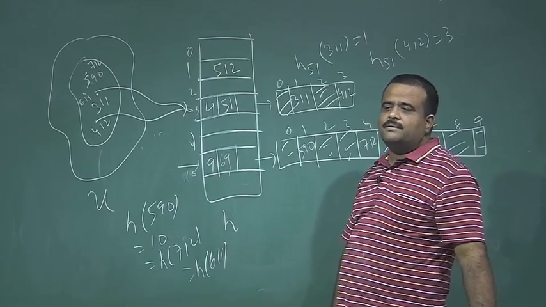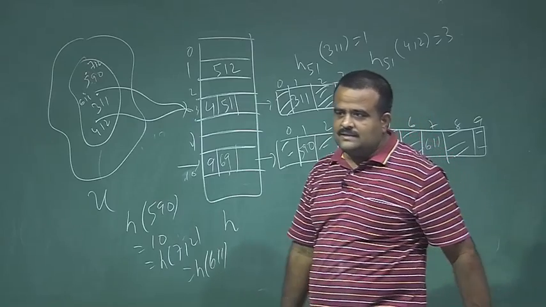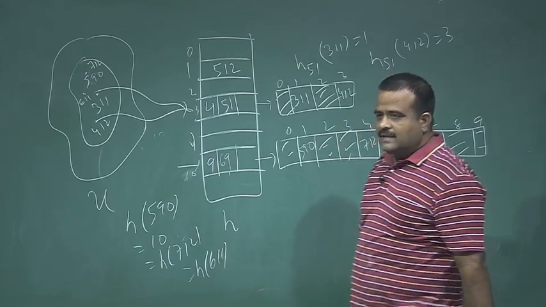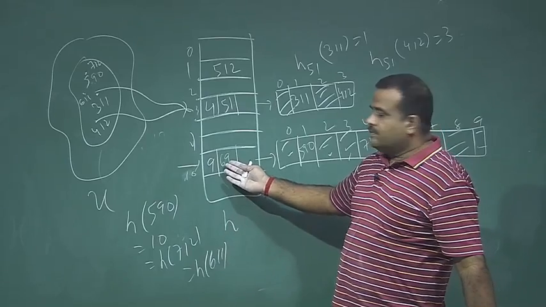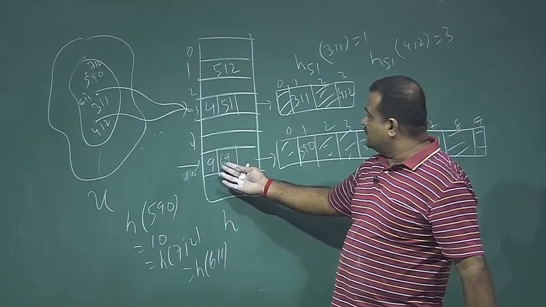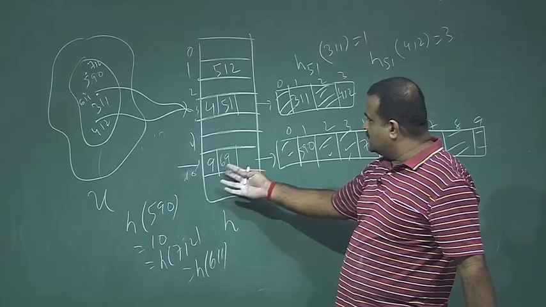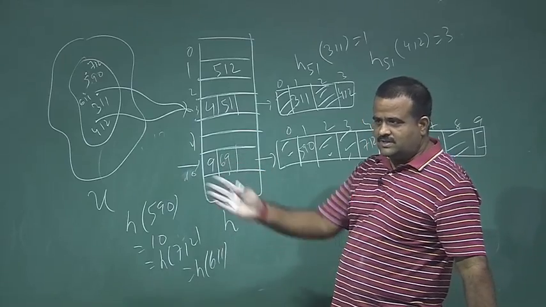For the second level we need a table of size 3 square, that is 9, and we need to choose a hash function. That is also chosen uniformly from the universal hash function family, where we choose some a vector that gives us the hash function.